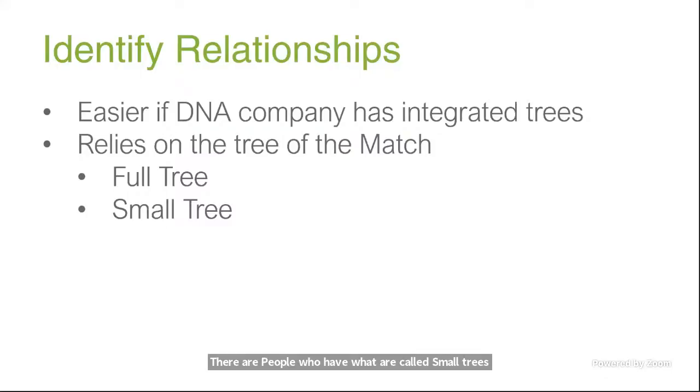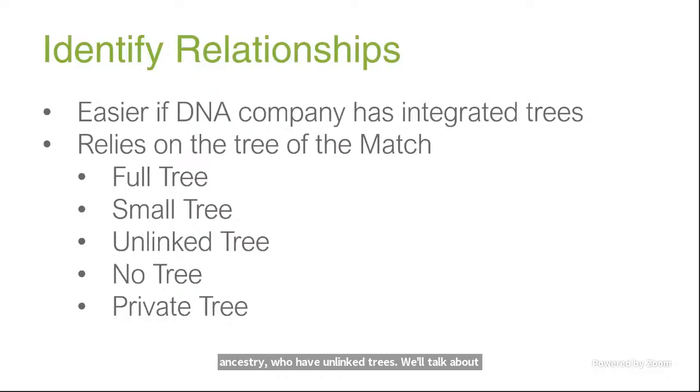A small tree has enough information, a name and a date and a place, that you can do something with it. We also have people, this is much more common on Ancestry, who have unlinked trees. We'll talk about those. People who have no trees, and people who have private trees. So the way you approach this idea of identifying the relationship does kind of vary depending on the tree of your match and what that tree looks like.